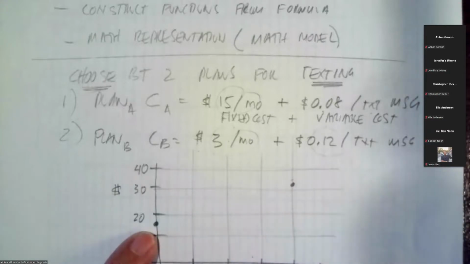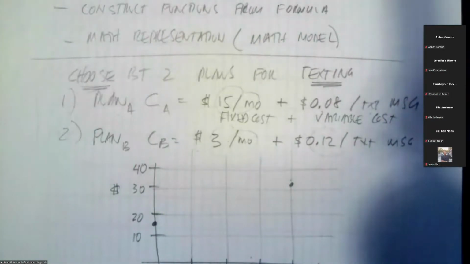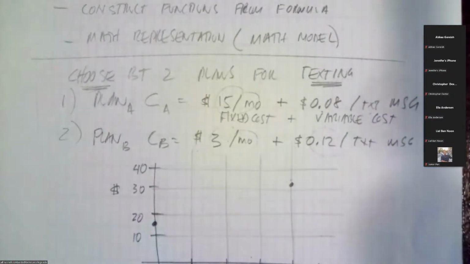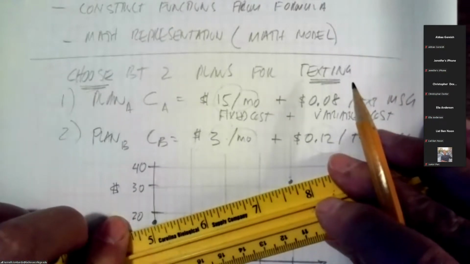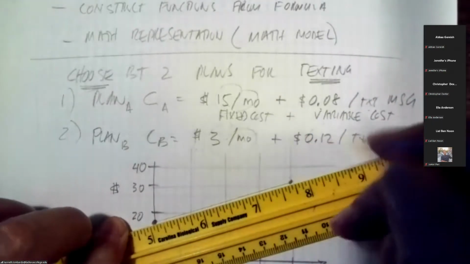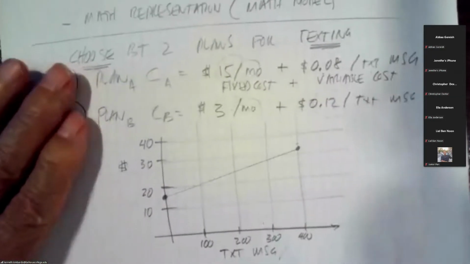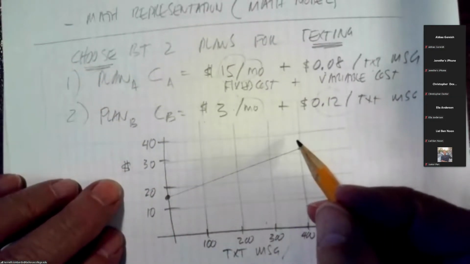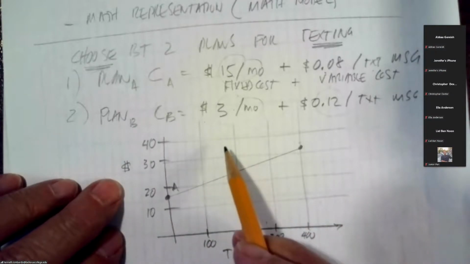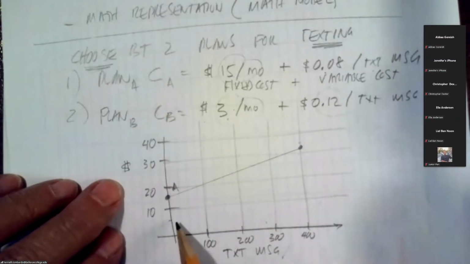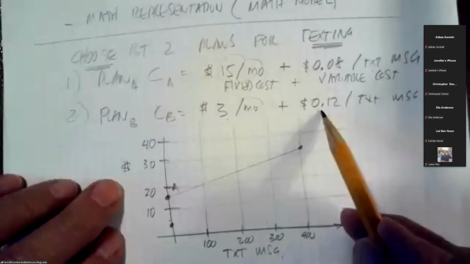And it is linear, isn't it? It's a straight line. So let me get out a straight edge and see if we can create a straight line between those two points. And let's just say it looks sort of like that. And that's plan A. And plan B starts down here at $3 a month, but goes up at a steeper rate.